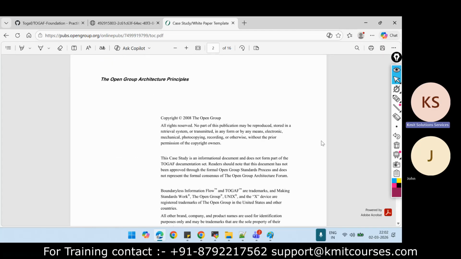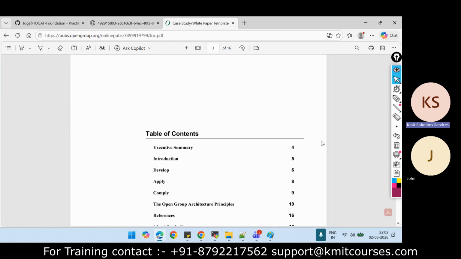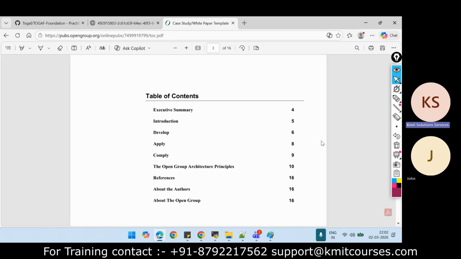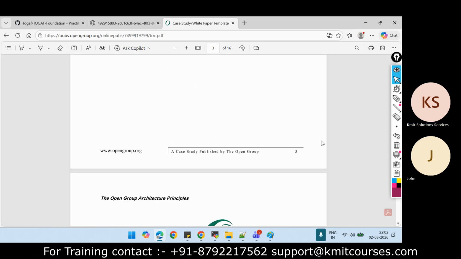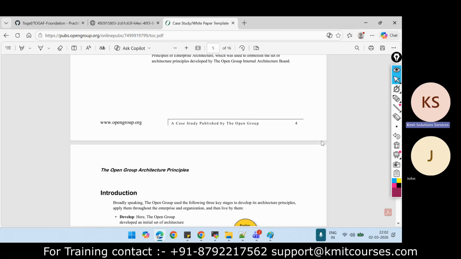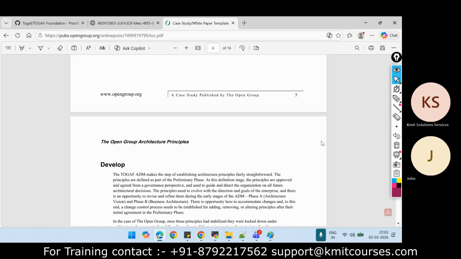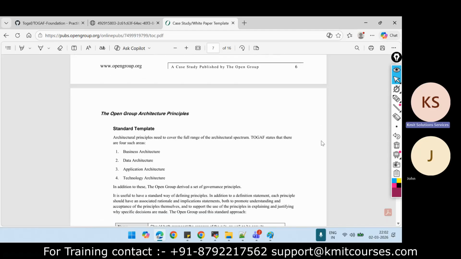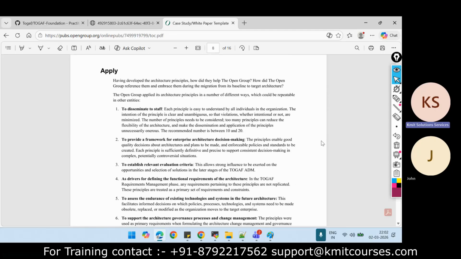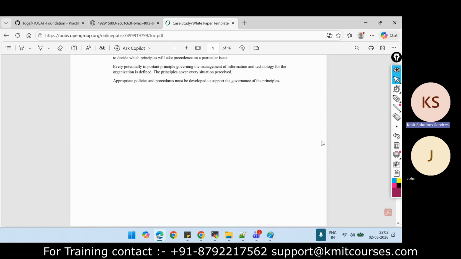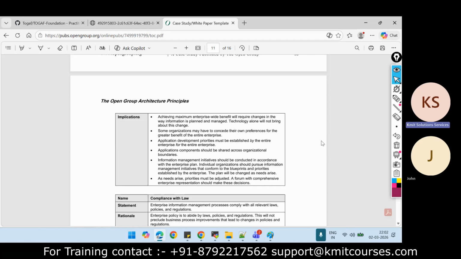I see. So here you can see that this is the table of contents, right? Not this one. This is the definition, I believe, not the template. Hang on.